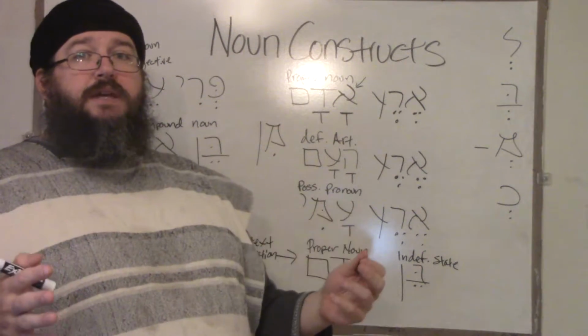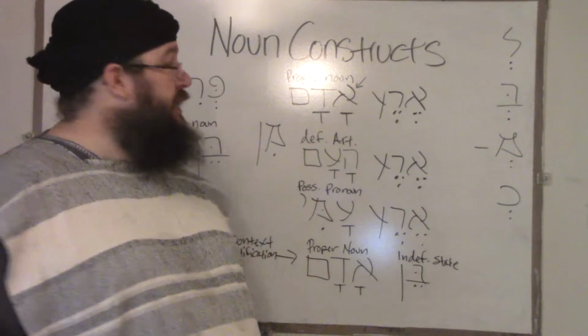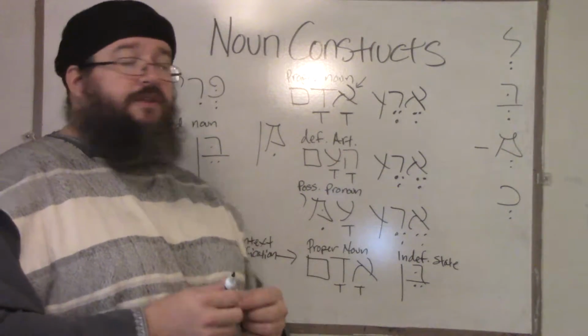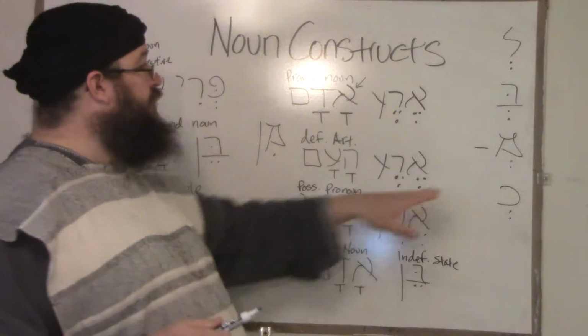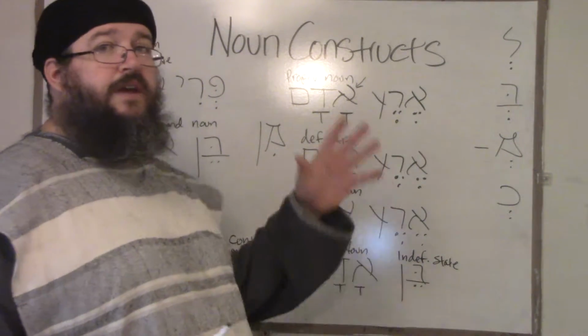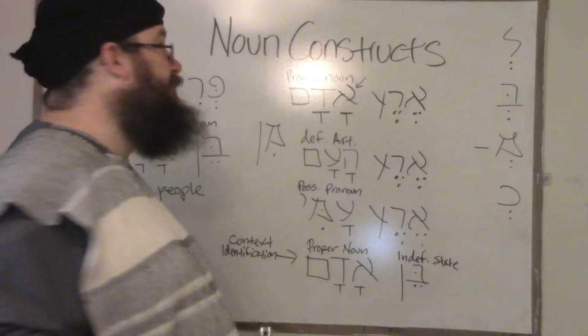That means noun constructs are not part of that situation. This is the only type you're going to find with noun constructs, because noun constructs are always going to require the mem in front of it. Whether it's indefinite or definite, it doesn't matter. You're only going to find the mem in front of it.